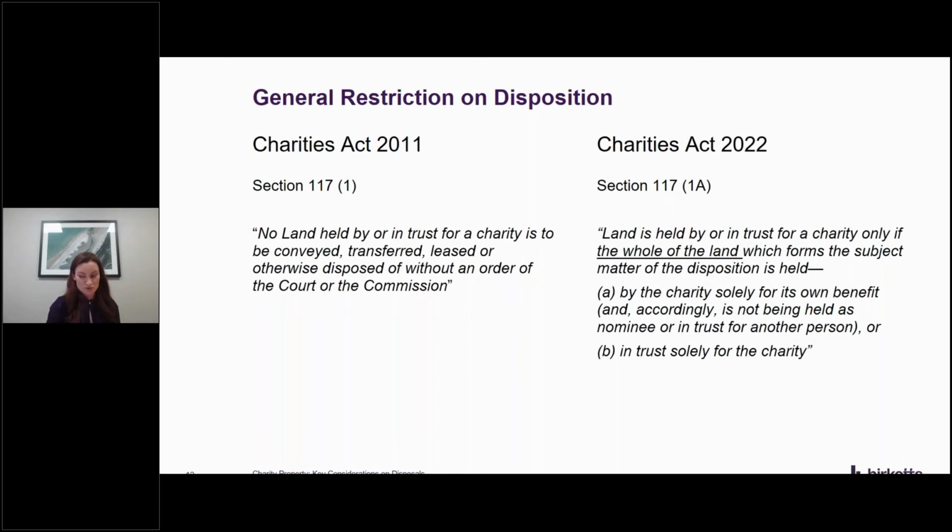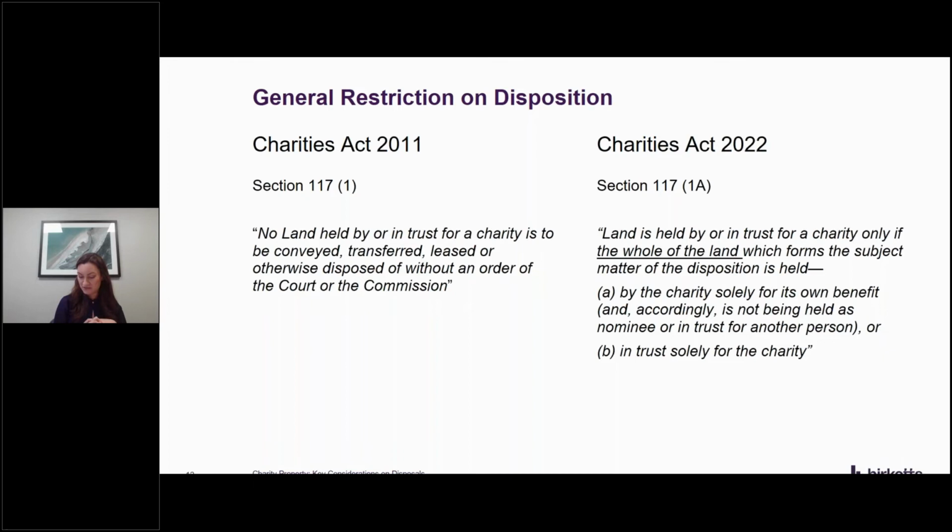So that, in short, means that if you have a charity who is one of multiple beneficiaries of land, if they come to dispose of the whole of that land and the charity only has a partial interest, you don't need to satisfy the rules on disposition and get a qualifying surveyor's report.